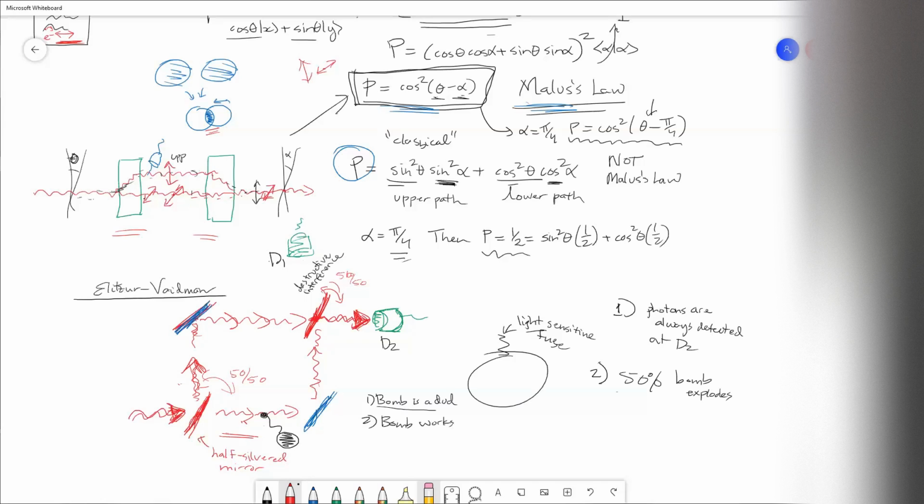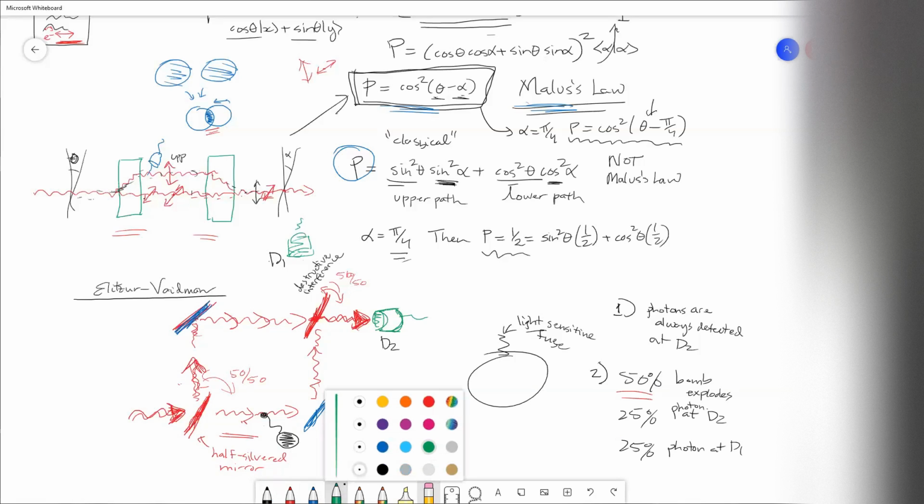So if out of that 50% chance, there's a half and half chance of being detected at the 2 places, then 25% of the time, it'll be a photon click at D2, and the other 25% of the time, it'll be a photon detection click at D1.